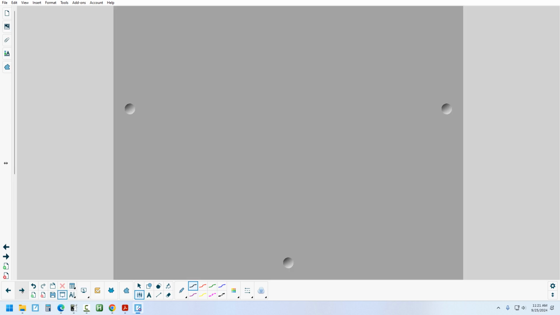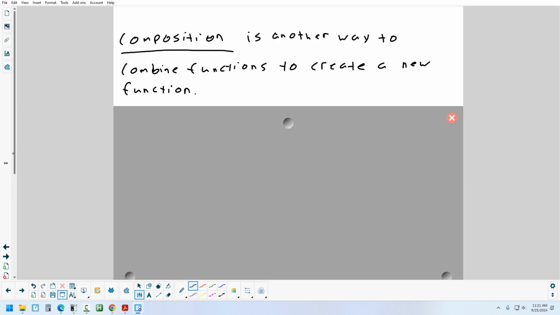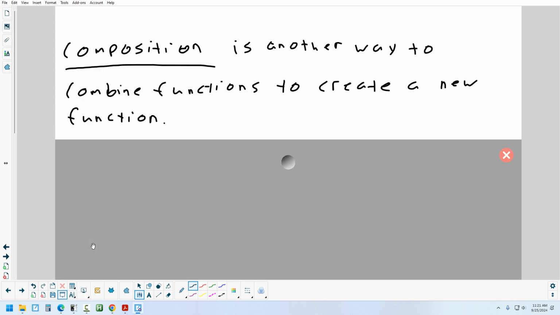All right. So that's combining functions with adding, subtracting, multiplying, dividing. Now I want to look at how we can combine functions using what's called composition.